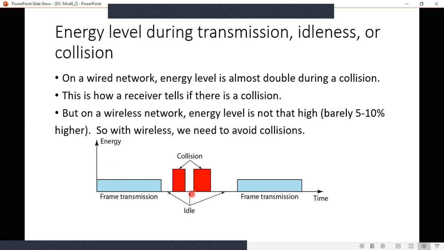Next, normal usually means the channel is busy, that is, the frame transmission is taking place. Abnormal means there is a collision. See, this shows the abnormal energy level, which indicates that there is a collision.